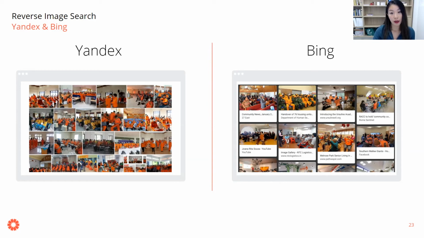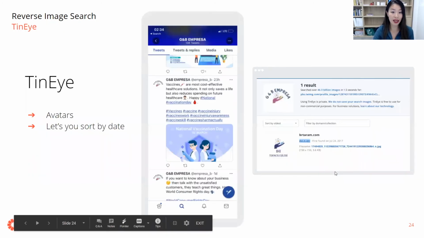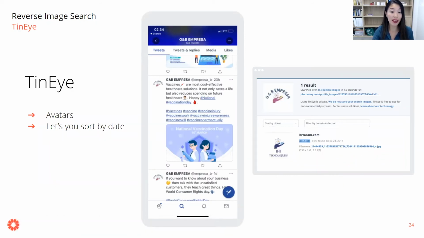Depending on what you're looking for, it's really worth looking at different image search tools because they all have different strengths. For example, TinEye is another tool. It has a smaller database, but one thing that it's really good at is looking for digital avatars, which are sometimes the profile pictures. So this is a tweet from the Twitter user GNB Empresa, and the tweet doesn't have any engagement. However, there's something very strange about it.